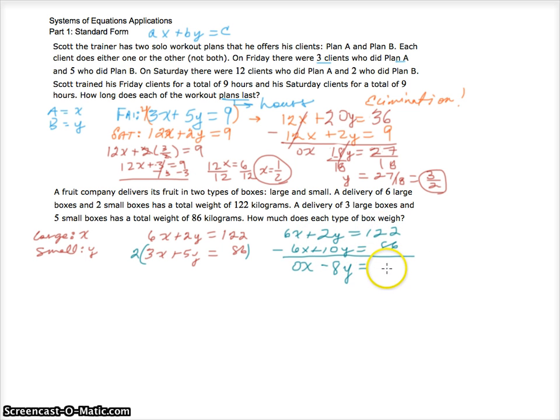122 minus 86 is, borrow down, I get 11, 12, 6. 11 minus 8 is 3. It's 36. Mr. McAllister forgot to multiply 2 by the 86.